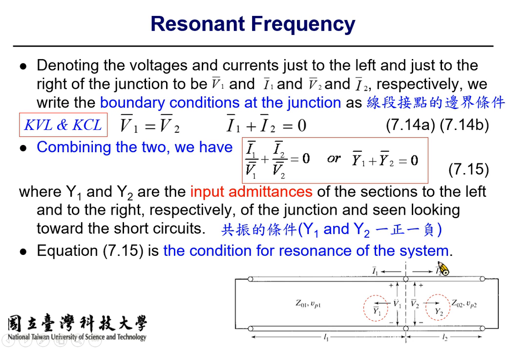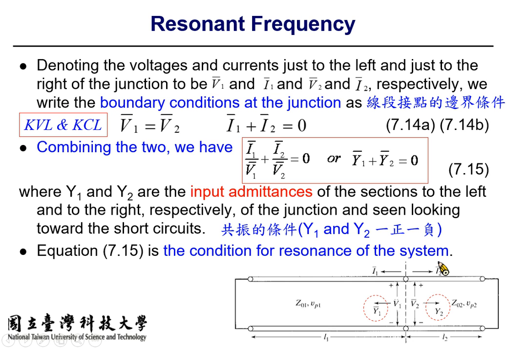Now, because the two transmission lines are connected in parallel, it's easier to express the effect in terms of admittance Y. So you have the relationship Y1 plus Y2 equals 0. How do you get this equation from the top two equations?